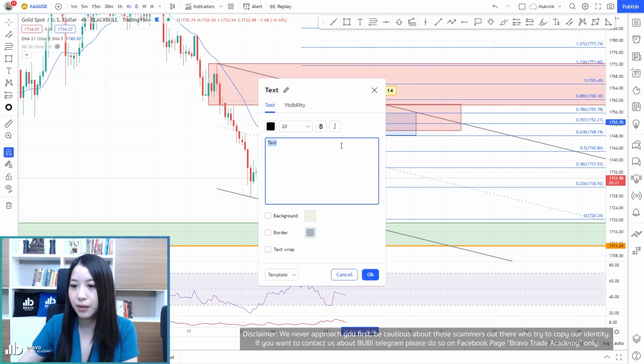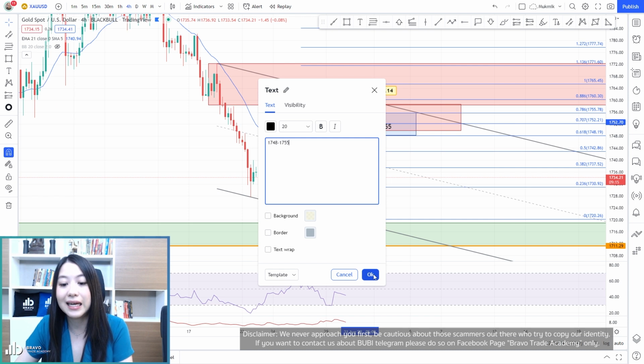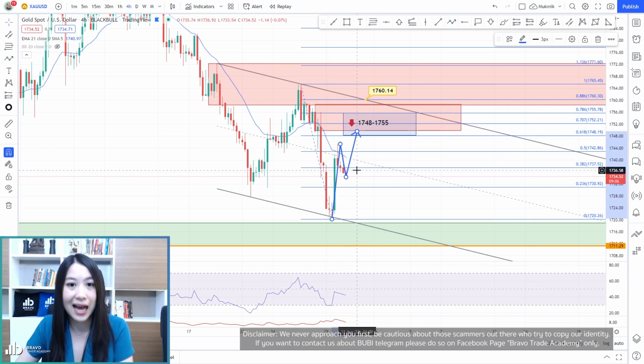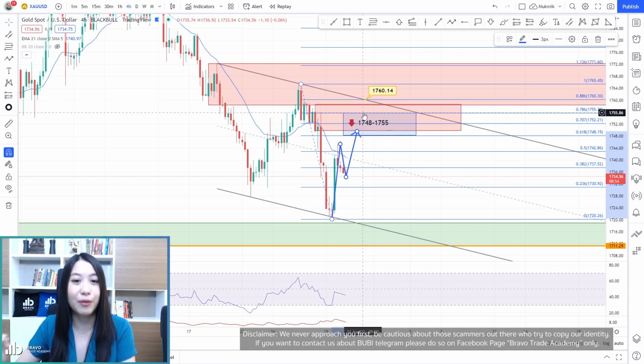The QM sell would be somewhere around 1748 to 1755, but I need to tell you that you might need to reduce the risk, because if the price comes back up to test this QM pattern, it will make a higher low and also a higher high, making an uptrend position. We need to be really careful on selling at this point. But at 1760 from the harmonic pattern, this is the most perfect plan for selling.